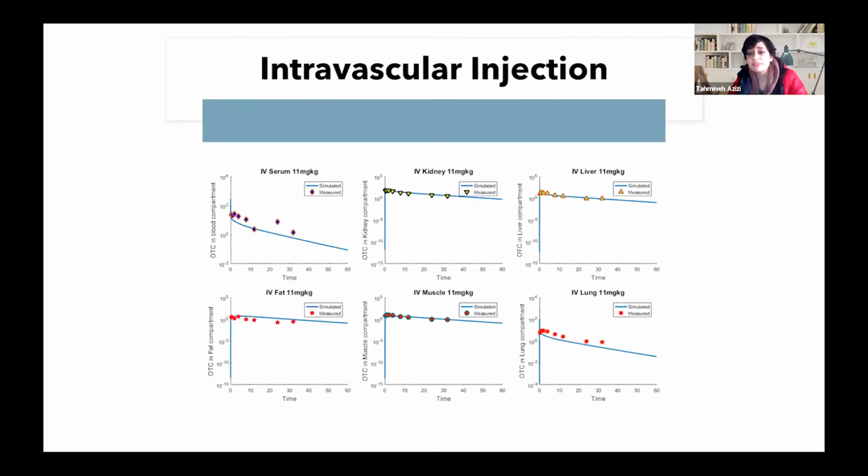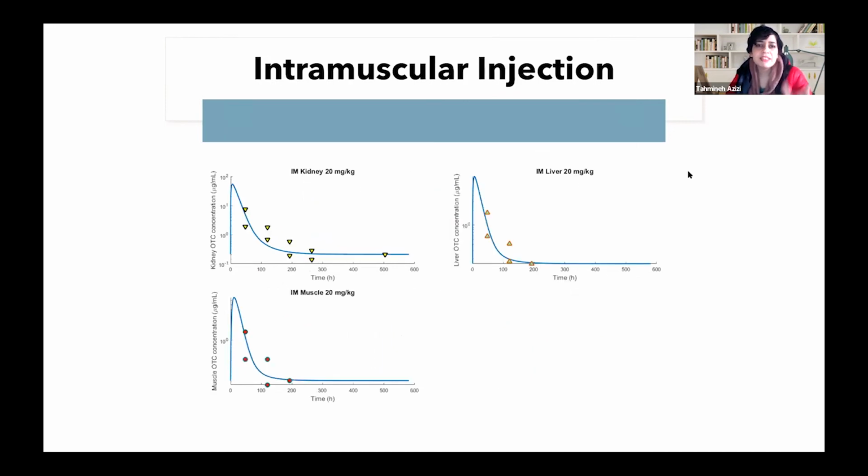Of course, we didn't have enough data. The model, we need to check with more data. So not having enough data is actually a problem. People who are doing modeling always have this type of problem. So our model was okay for intravascular injection, and for intramuscular injection it was okay. As you see, I had data for kidney, for muscle, for liver.